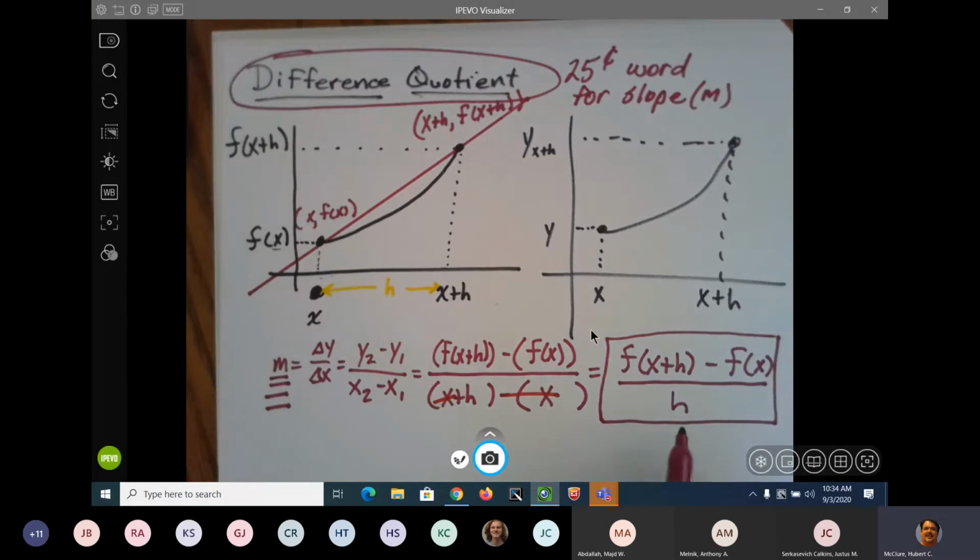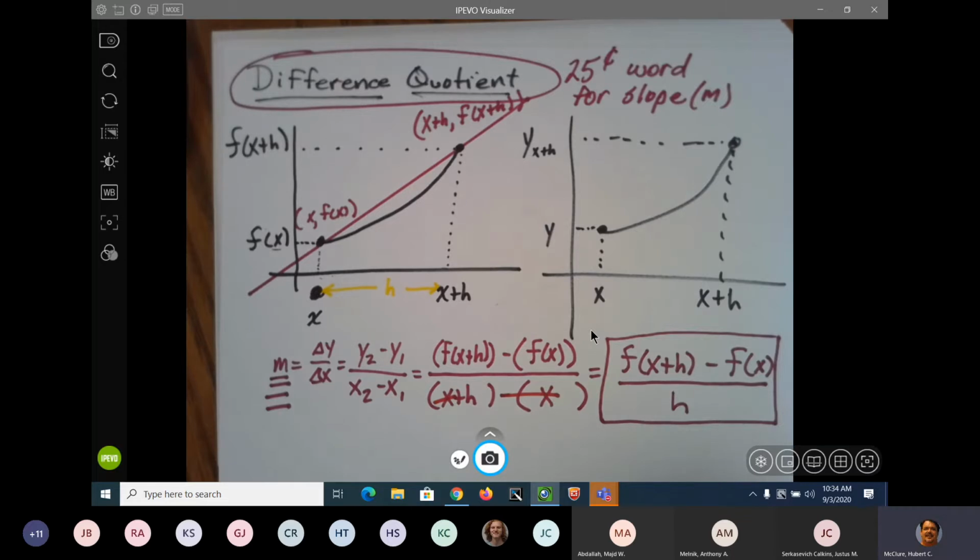This is what your first unit test in calculus is based on. This is going to be on your first unit test right here. So if you suck at it now, you're going to suck at it in your first unit test. So you've got to make sure you know how to use this.